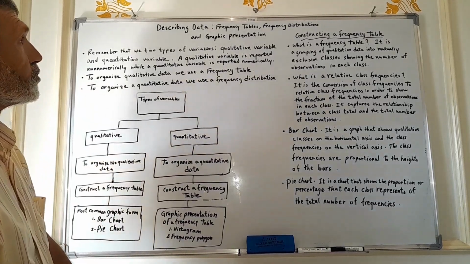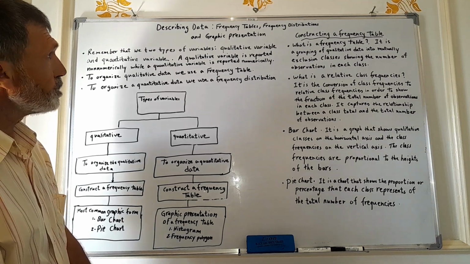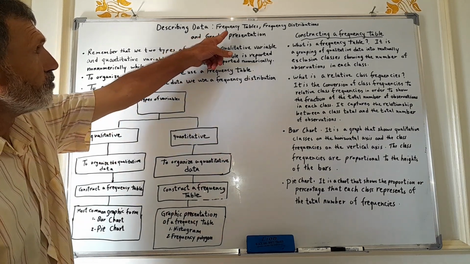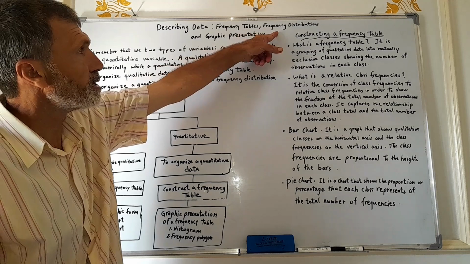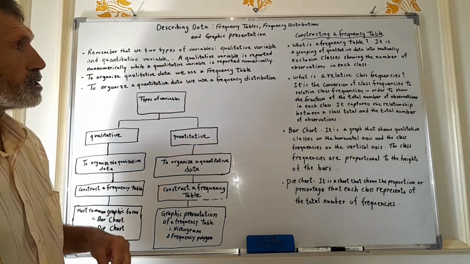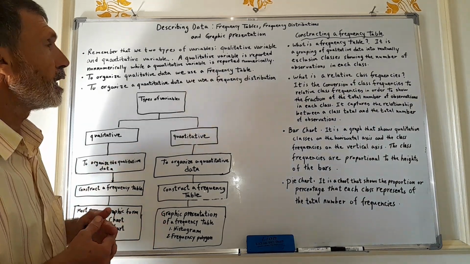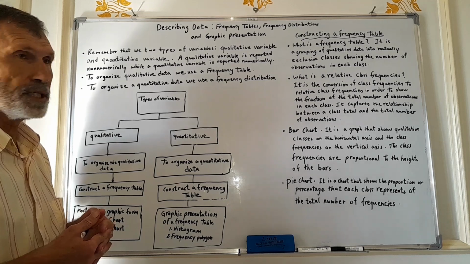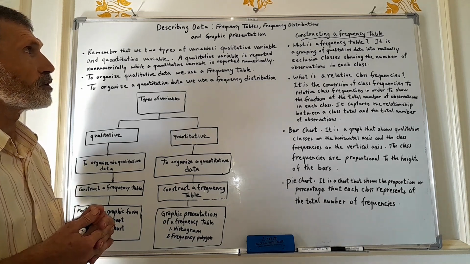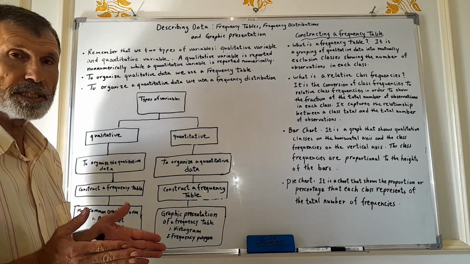Okay, today we move to talking about another chapter, which is describing data, frequency tables, frequency distributions, and graphic presentation. In these chapters, we're going to be talking about how to describe the data using frequency tables when the data is qualitative.